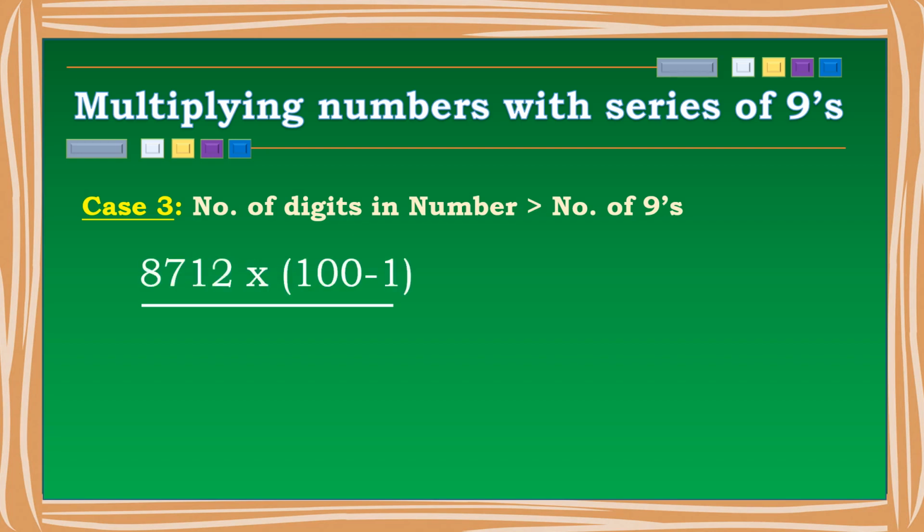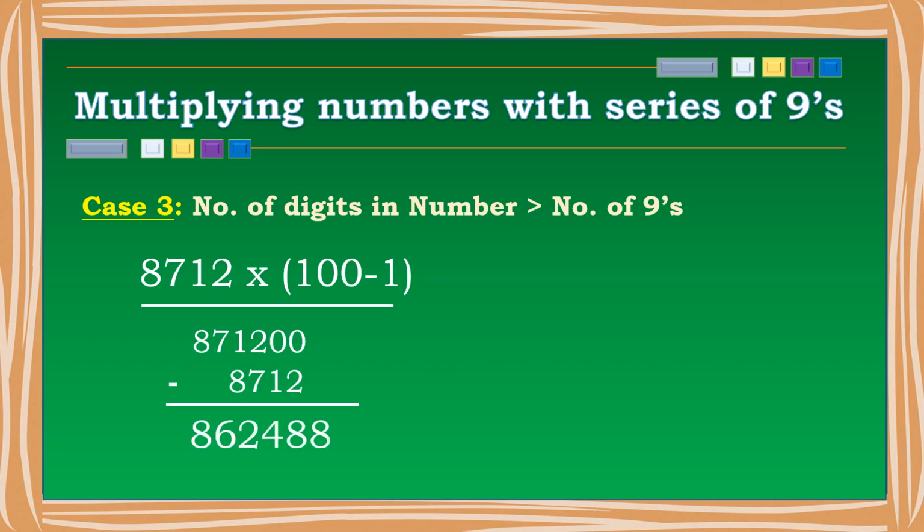So now 8712 multiplied by 100, that is 871200, minus 8712 into 1, that is minus 8712. After subtracting, the final answer will be 862488.